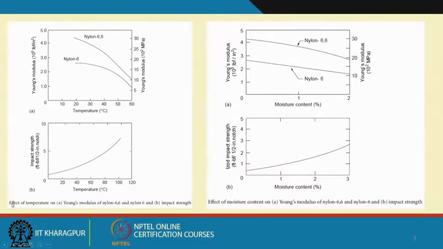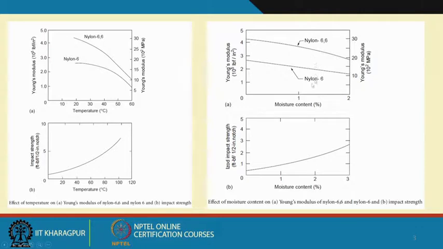Now, on the left side is the effect of temperature on Young's modulus. As we increase the temperature, for both nylon 6,6 and nylon 6 the Young's modulus will decrease, in fact for as low as a 20% increase in the moisture content.